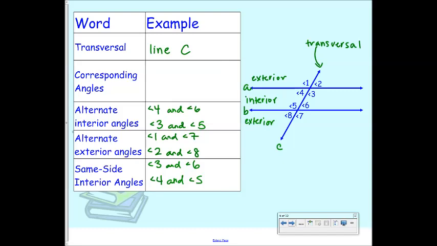All right, so we have 4 examples here. So it was 1 and 5, 2 and 6, 3 and 7, and 4 and 8.